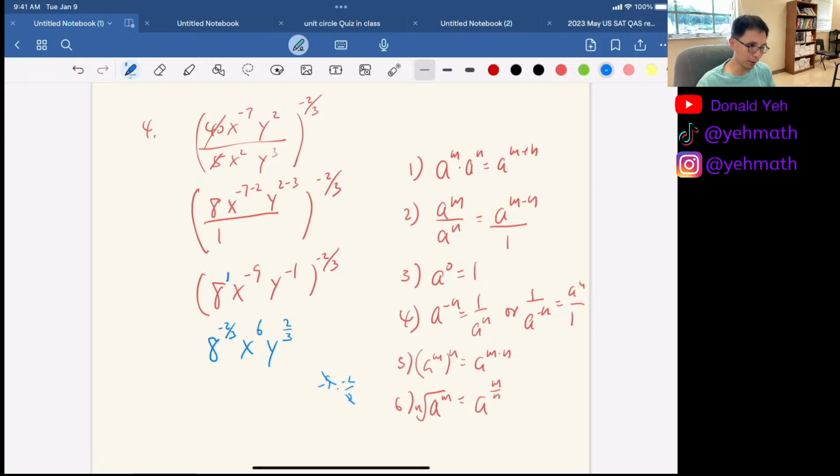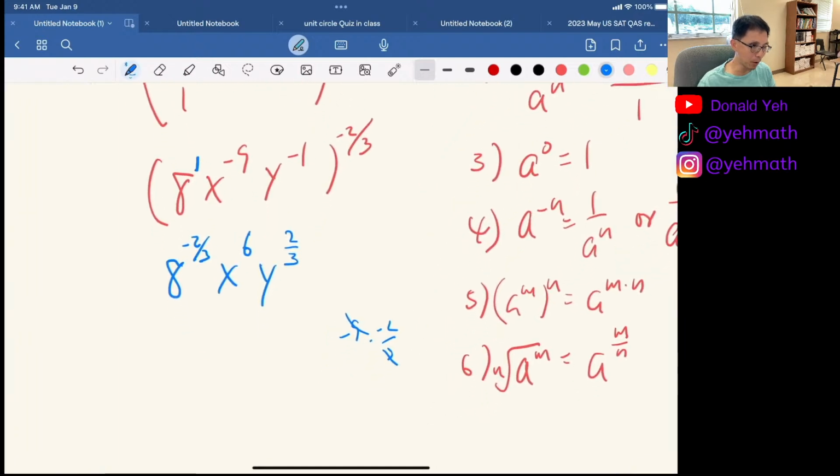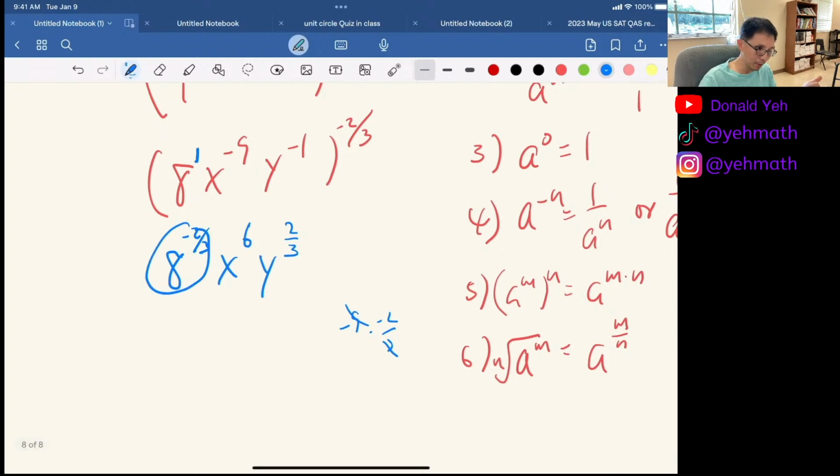And that's it. Well, is that done? Not entirely, but at this point, let's simplify the 8 to the -2/3 because that involves different things. So it's x to the 6, y to the 2/3. I'm going to use rule number 4 now because there was a negative exponent. I usually use that at the very end because that's cleaning things up, to get 8 to the 2/3.